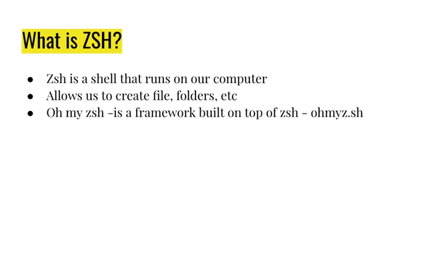So ZSH is a shell, as I said, that runs on the computer. Now there's a framework that's been built on that shell, called Oh My ZSH, which is very, very popular amongst developers. What people use this for is to customize their terminal to be much more robust.